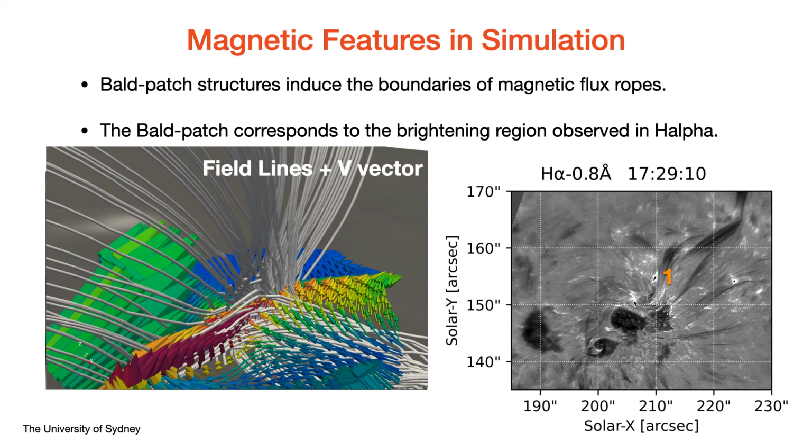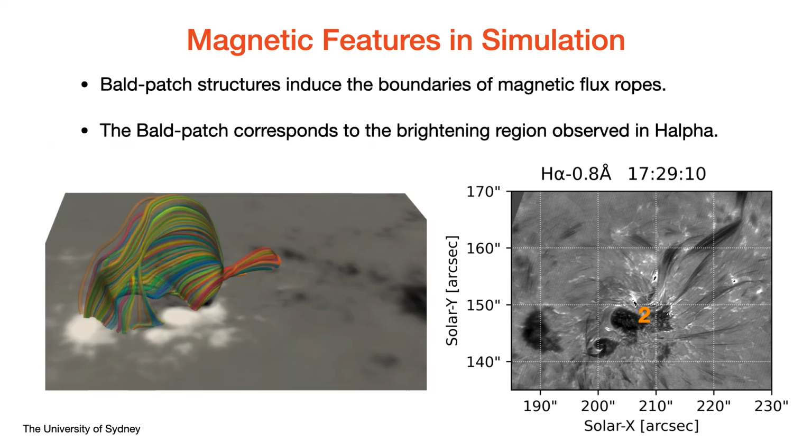The arrow here indicates the velocity field, and the color is the magnitude of the electric current. At this snapshot, the plasma velocity is squishing this null-point-like ball patch structure, and the reconnection here is the initial trigger for the entire flare.